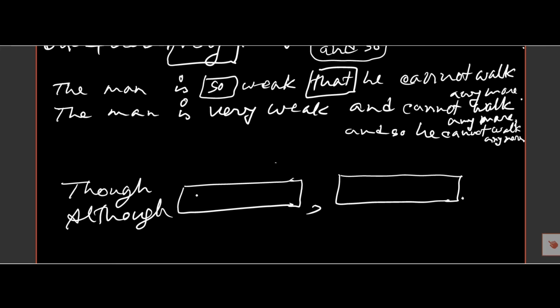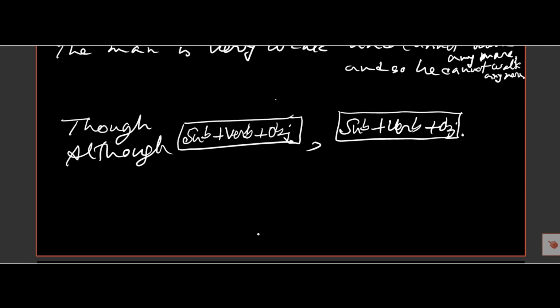After though, although, there is a part with subject, verb, object, and after the comma there is another part with subject, verb, object. There is the conjunction though, although, and we must begin with the part that is after though, although, removing though, although.